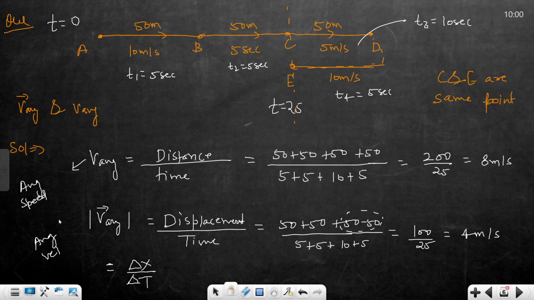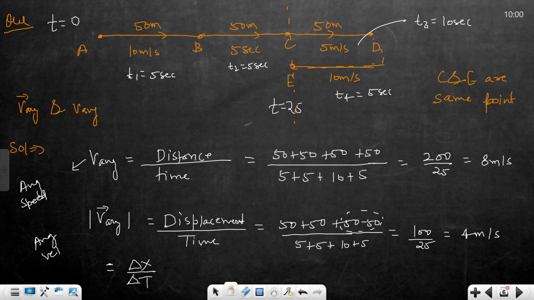So while finding displacement upon speed, displacement upon time. So displacement is C, D, and E. So when we move, displacement should be 0 now. So 50 and 50 only should be considered, no?